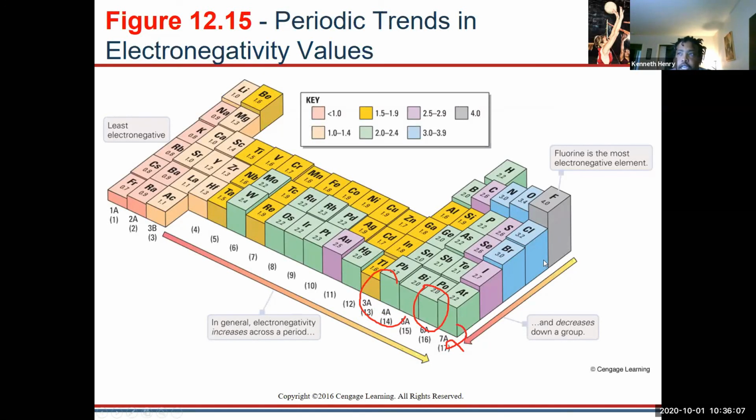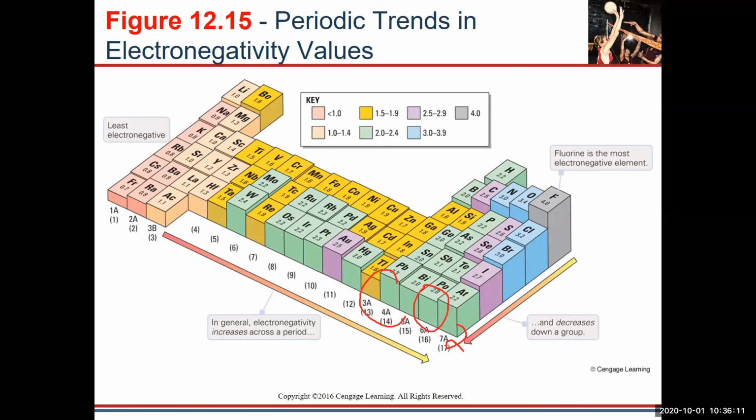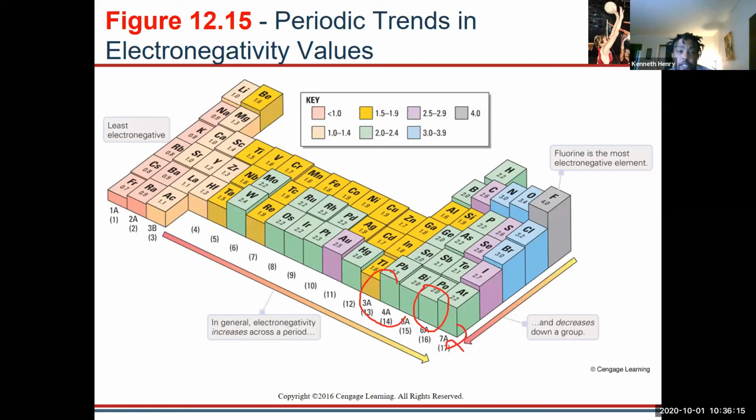You guys see it? Yes. The one with the biggest value on your electronegativity table is the most electronegative.